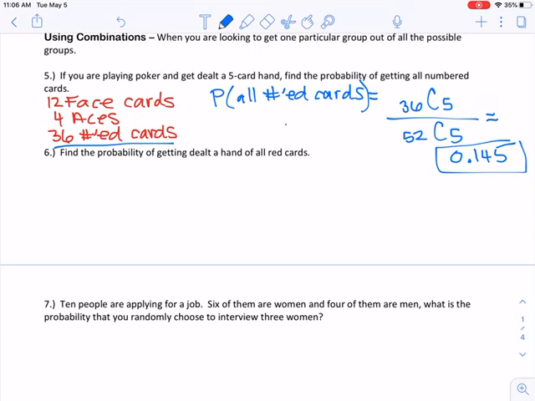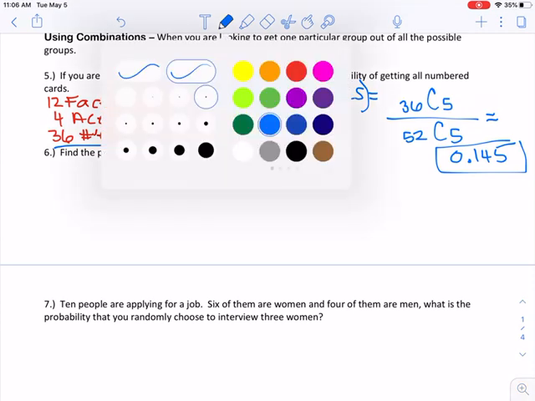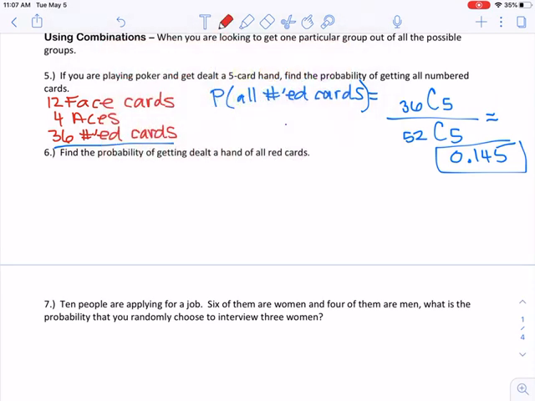Number 6 says find the probability of getting dealt a hand of all red cards. So if I want the probability of getting all red cards, again, I'm going to start with the denominator. The denominator is always out of the total possible. So I want to know how many ways can I get a 5-card hand out of 52 cards. 52 choose 5.